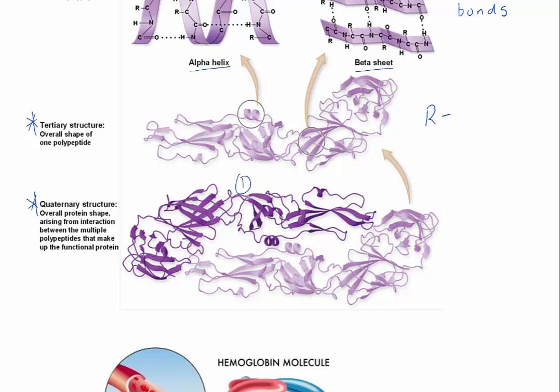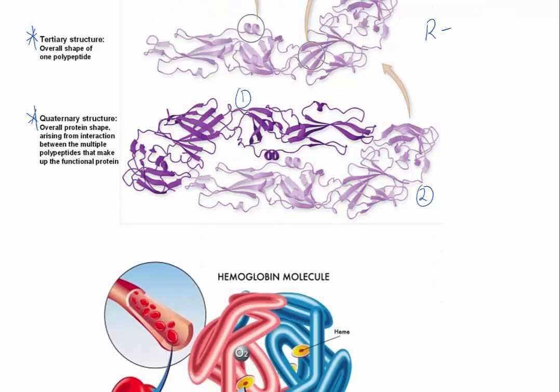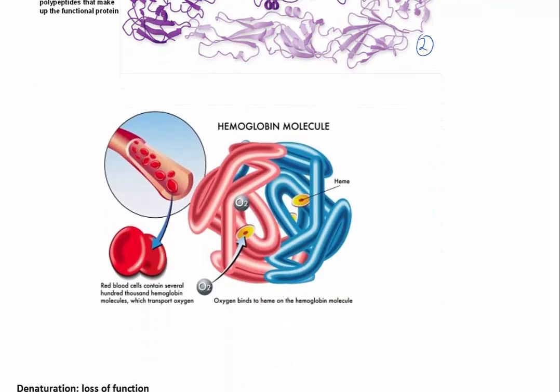One tertiary polypeptide up here, which is dark purple, and another lighter polypeptide down here. And when they interact together, they become a quaternary structure. Hemoglobin is an example of a quaternary structure protein. And this is a protein that carries oxygen in your blood. And it actually consists of 4 polypeptide chains.